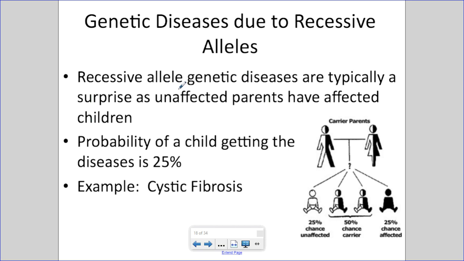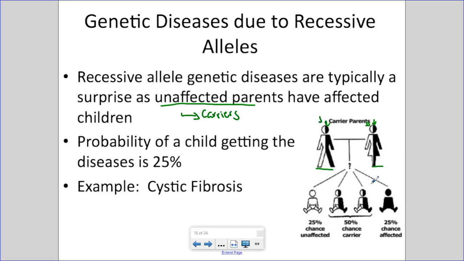Recessive genetic diseases are typically a surprise, as unaffected parents who are carriers can have affected children. So you can have 2 individuals who are both carriers. Here they have that affected allele, and then they have the normal allele.